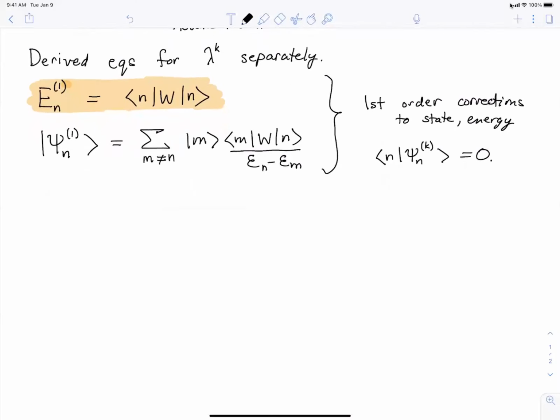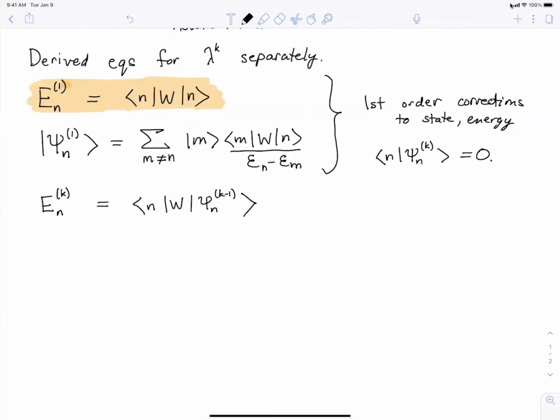Okay, and furthermore, if we look at lambda to the k, that was just for k equals 1, so lambda to the first power, but then if you looked at a general k, we found that the nth order correction to the energy looked like this. Okay, again, it's a matrix element of the perturbation Hamiltonian involving the state n and the state psi n k minus 1.